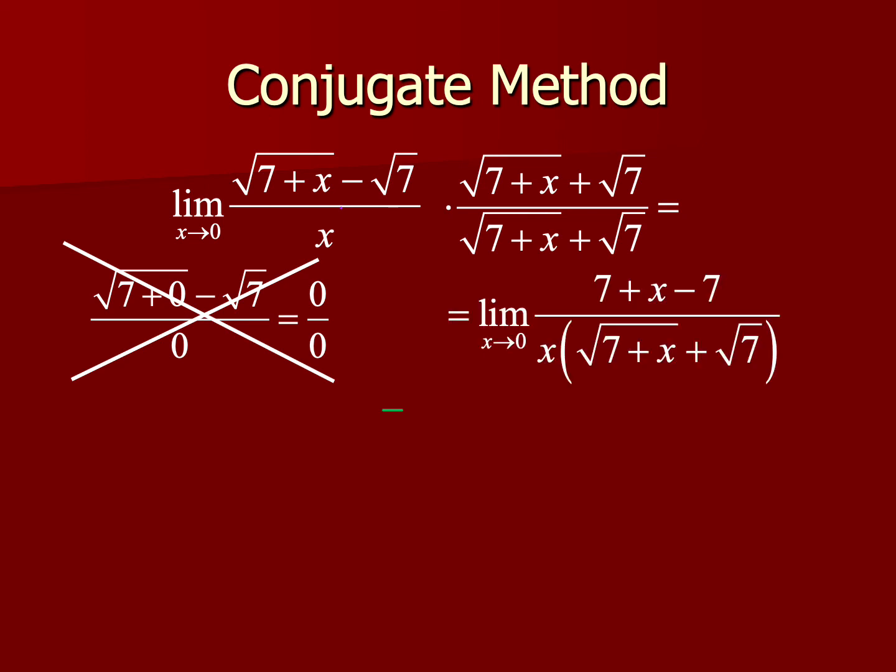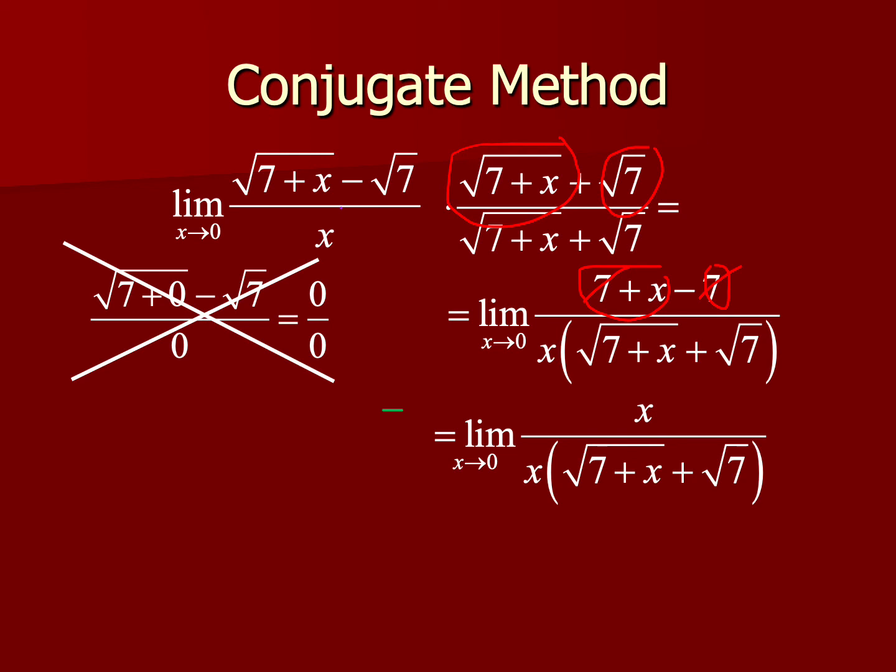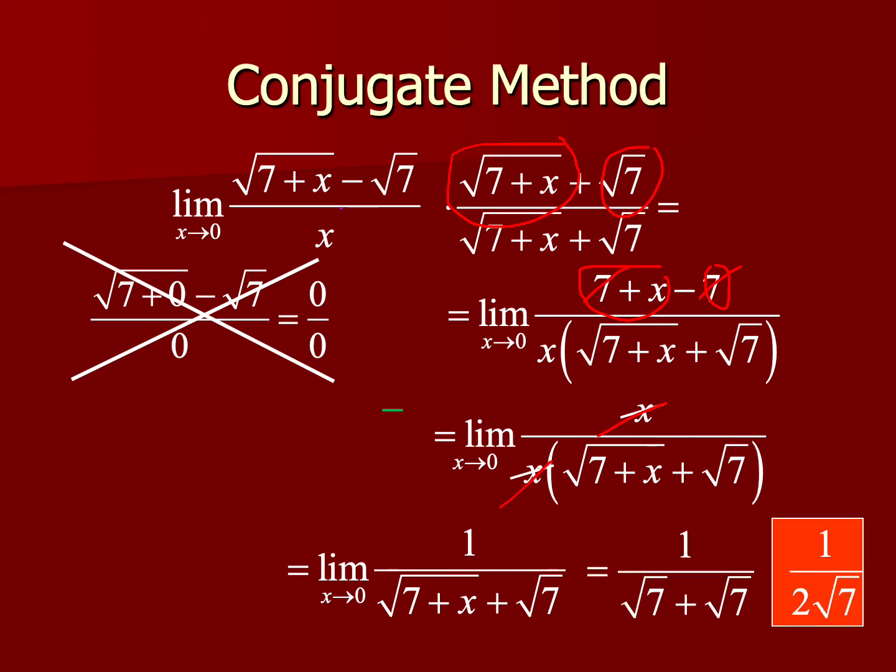Once I multiply by the conjugate, I will get the square of this one, which is 7 plus x, and the square of root of 7, which is 7. And clearly 7 will go with 7, so the remaining will be only x. Then clearly x with x can be cancelled, so I get a new limit, and when I replace x with 0, the direct substitution will work, and I will get 1 over 2 root of 7.